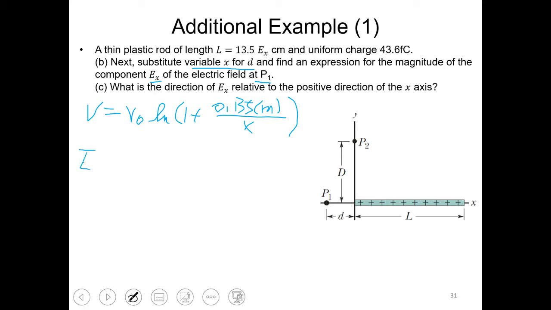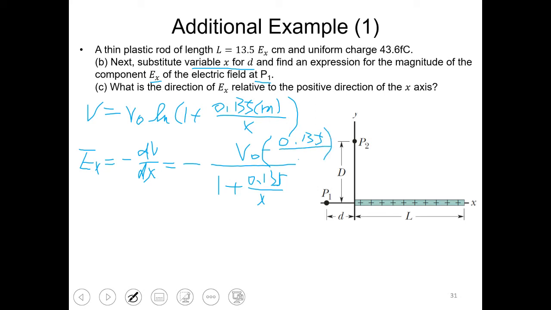Then we can calculate Ex, which is minus dV dx. So it will become minus V0 and then 1 plus 0.135 meter over x, and then the chain rule gives minus 0.135 over x squared.